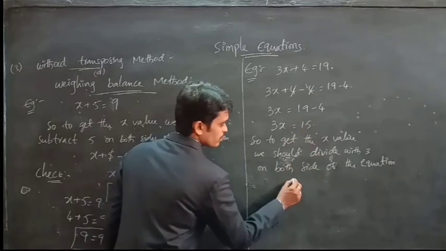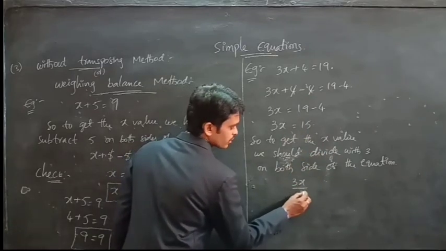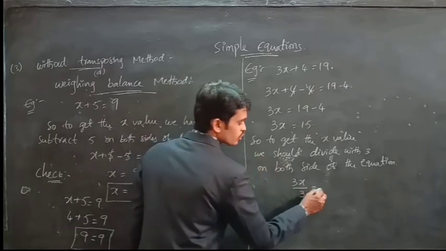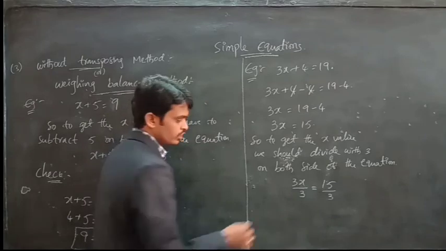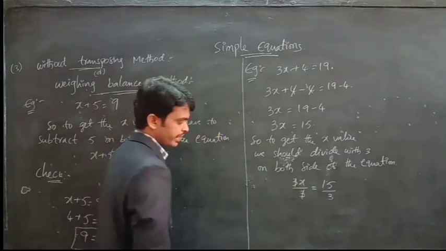So here I am dividing 3x by 3 is equals to 15 divided by 3. So here 3 gets cancelled.